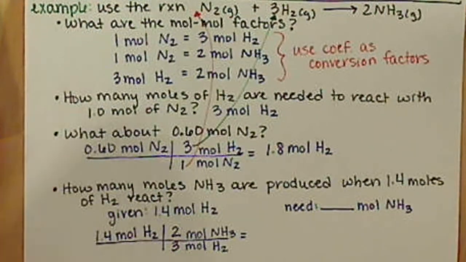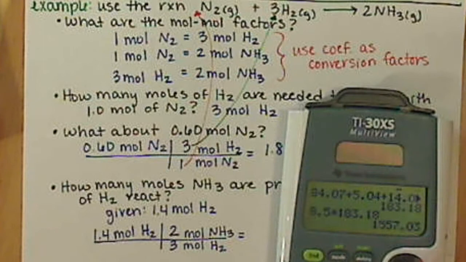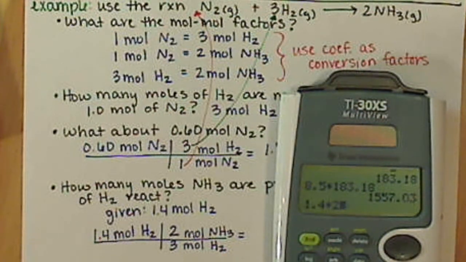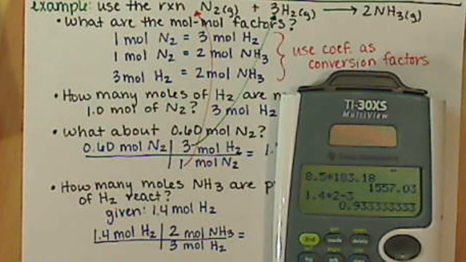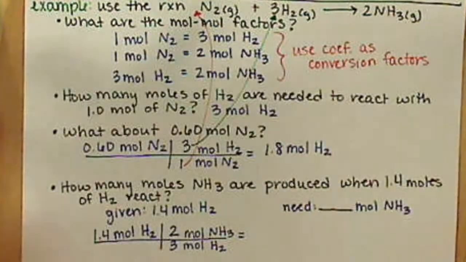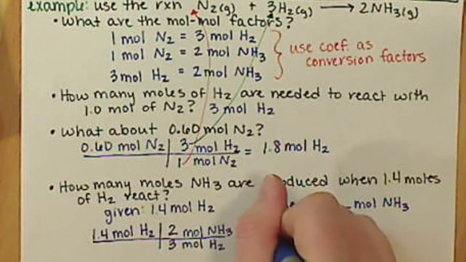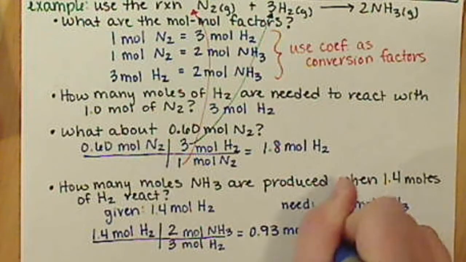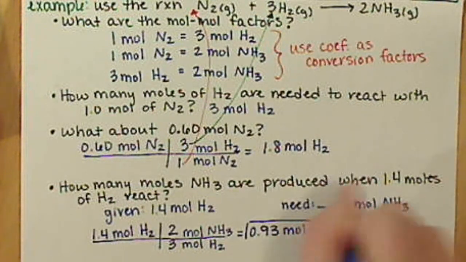Now we can calculate this out: 1.4 times 2 divided by 3, and we get 0.9333333. We only need 2 significant figures, so 0.93 moles of ammonia is our final answer.